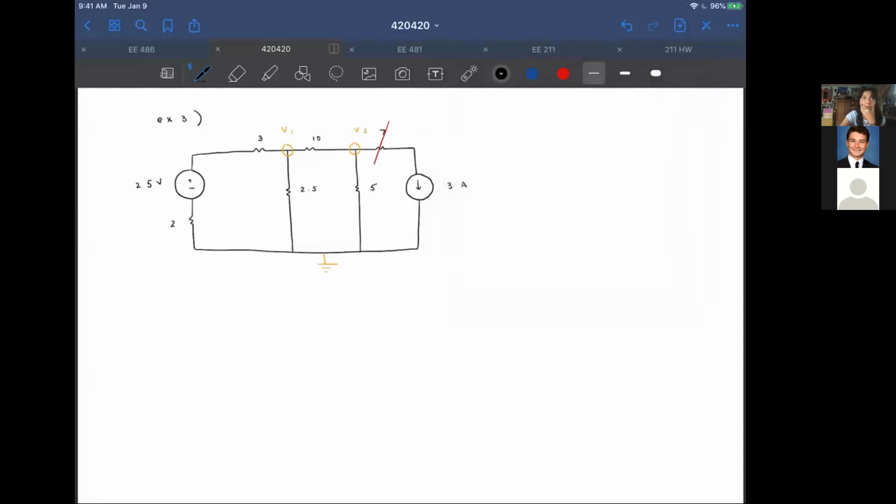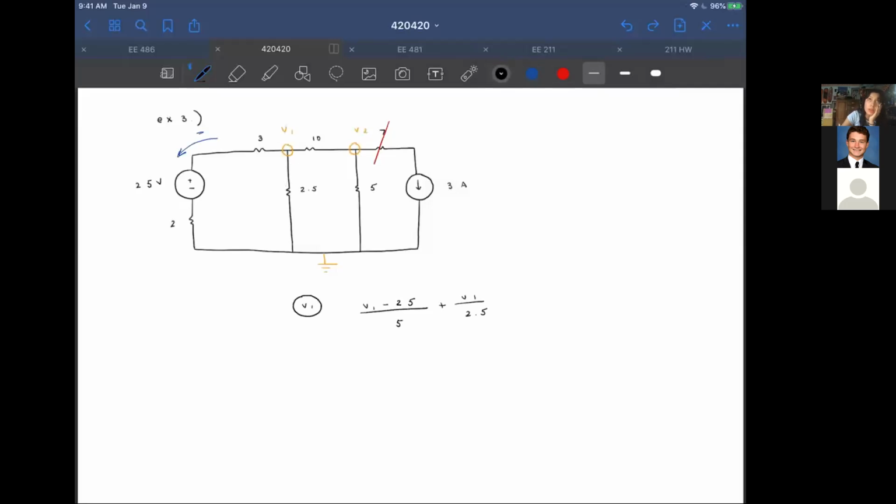Continuing on with the math, you define what V1 and V2 are. For V1, you'll do V1 minus 25, because this distance from here to here, you can think of it as going to it, so it'll be negative, over 5, which is the resistance in this part, 2 and 3, plus V1 over 2.5, which is V1 over the resistance in that same area.